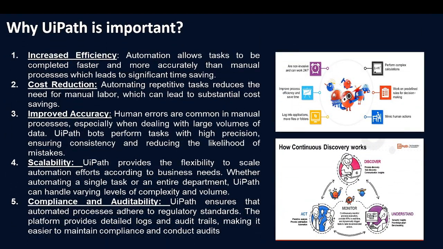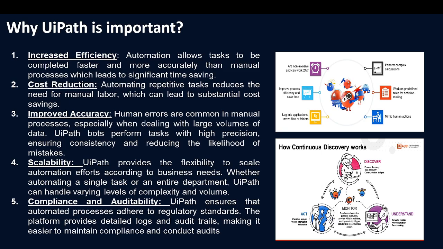So why is UiPath important? As I mentioned earlier, the benefits of using RPA are increased efficiency, cost reduction, and improved accuracy, that is, human errors are common in manual processes. Since we are automating these tasks, human errors can be reduced. And next is scalability.